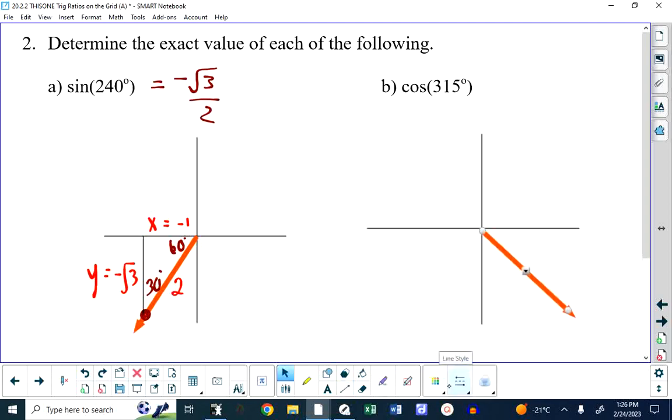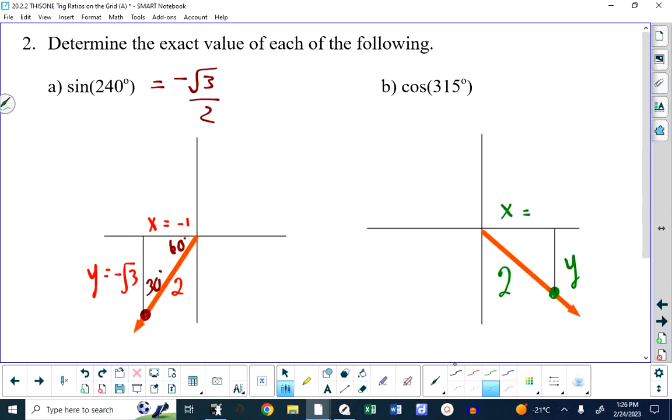Something weird happens in my head when I try to do it. This is one where we're going to pick a point. We, of course, construct the reference triangle. This is y, this is x, this distance is r, but we're going to choose r as 2. Why are we using 2? Because we have learned that if that's 2, these two sides are root 2.